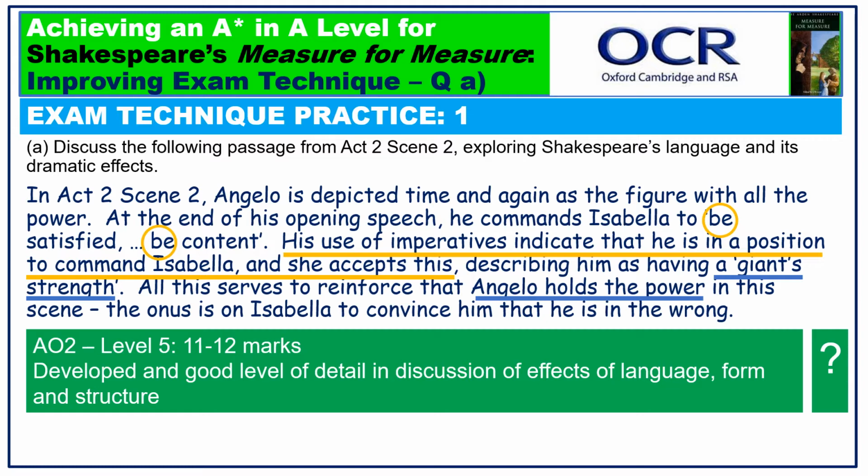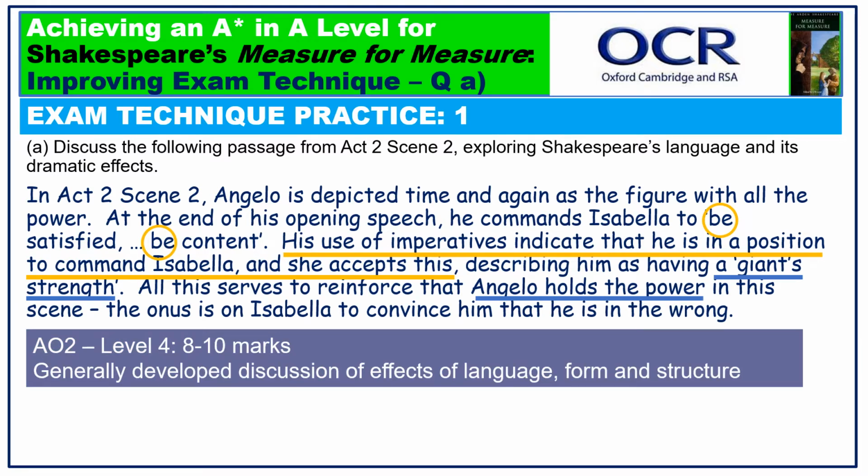We just have a single fairly obvious point about the effect of the use of imperatives, whilst nothing specific at all is said about the metaphor, "a giant's strength." Thus, we are probably looking more at level 4, which doesn't require the good level of detail of the higher bands. What might a level 6 response look like?